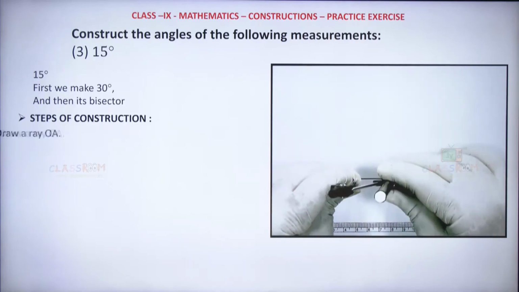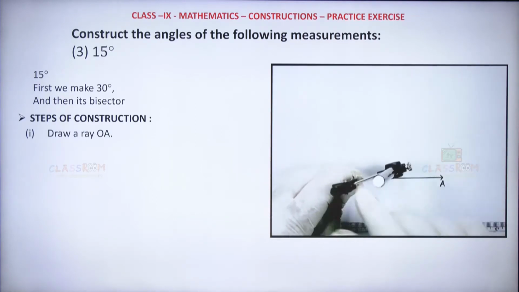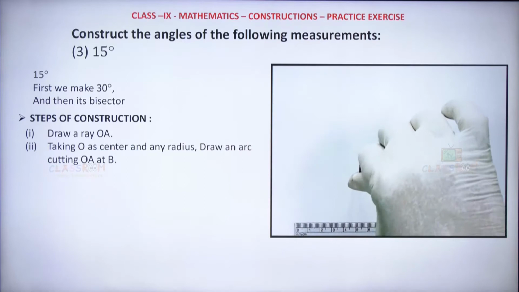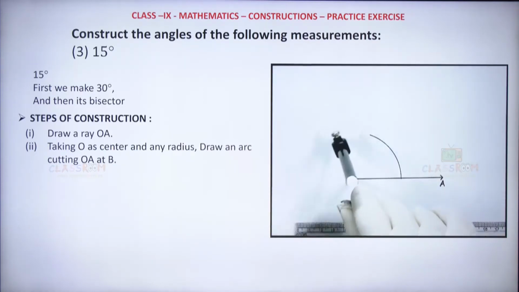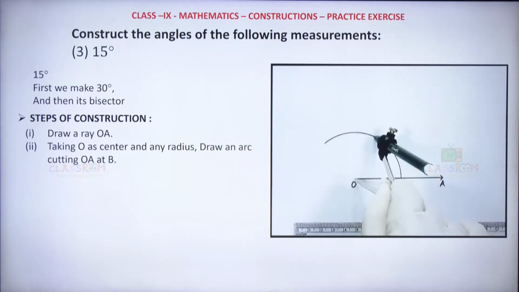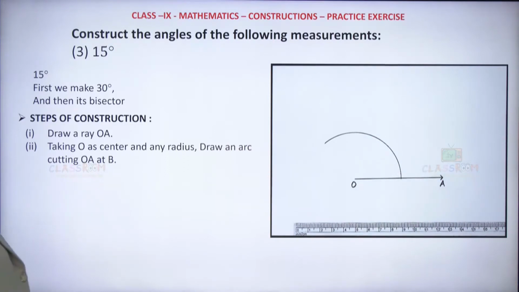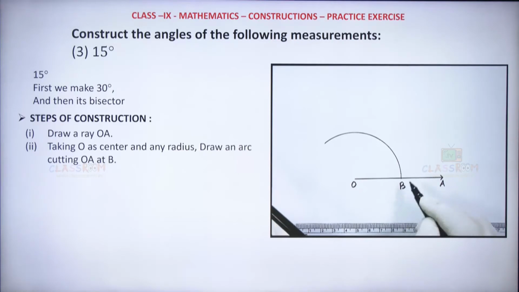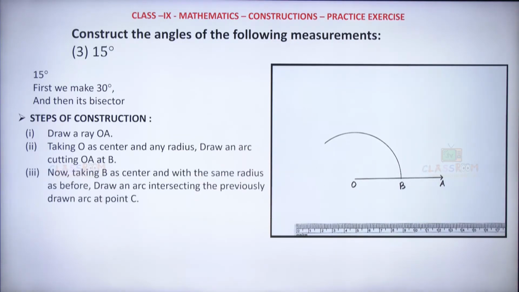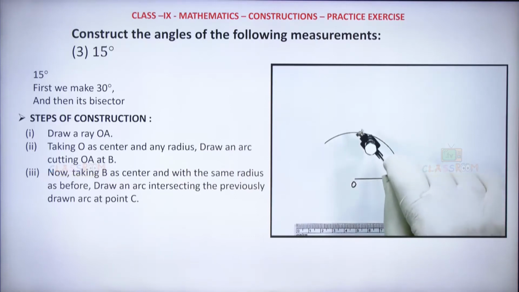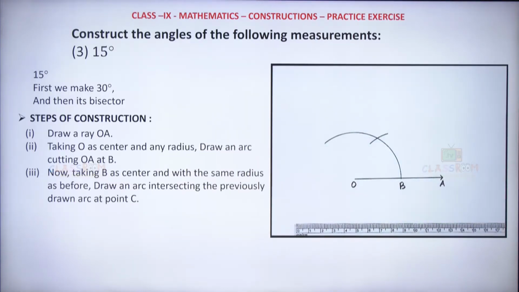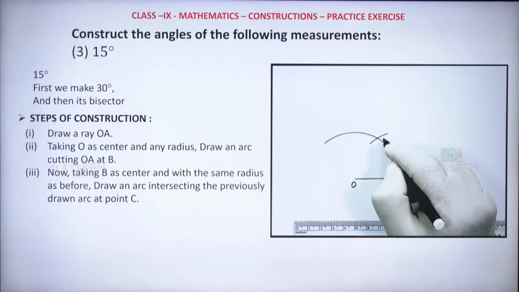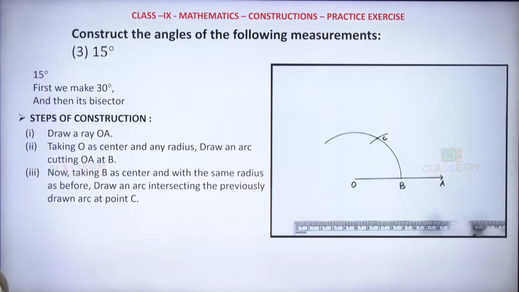Okay, steps of construction. Draw a ray OA and taking O as center and some convenient radius, draw an arc cutting OA at B. So taking B as center, as before the same radius, draw the previously drawn arc at C. Clear?